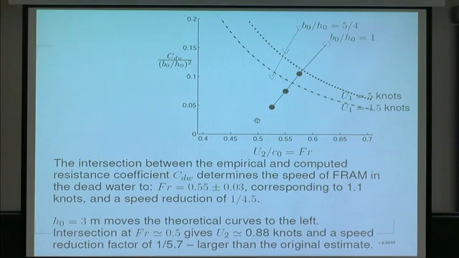If the pycnocline level was at 3 meters, what happens then is that these curves move up, and the Froude number gets smaller, about 0.5. So then the speed reduction factor is 1 over 5.7, larger than the original estimate.